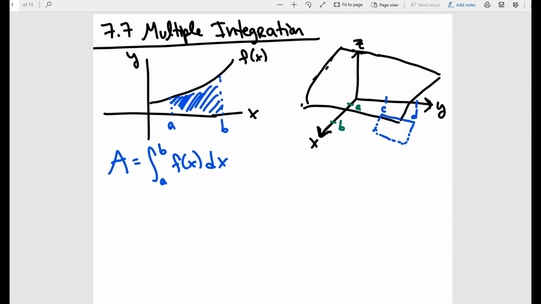So this little region is going to be mapped up to this graph, this surface. I'm going to do my best to draw this.